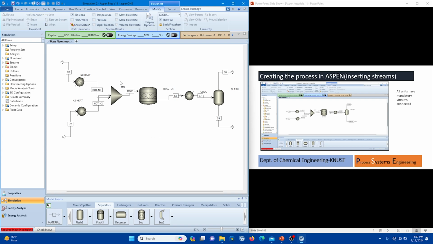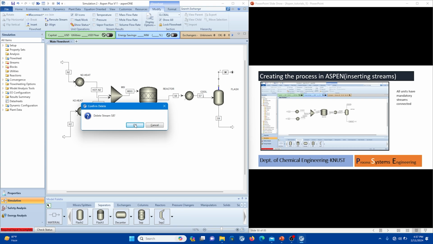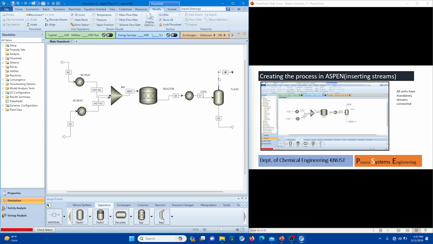So here I could delete a stream if I wanted by just hitting the delete button on my keyboard. I could delete that stream. And I could also rename the stream, call it paper, maybe.